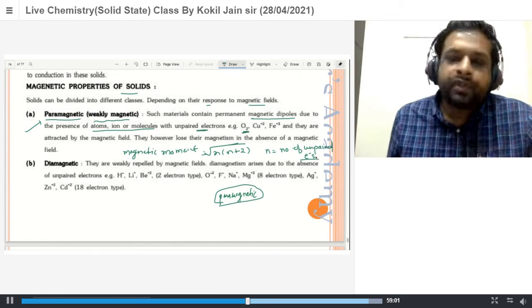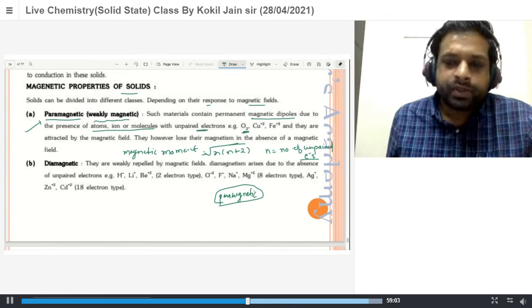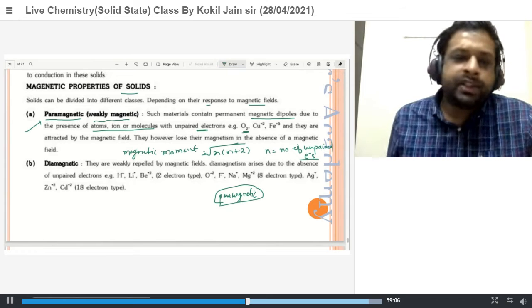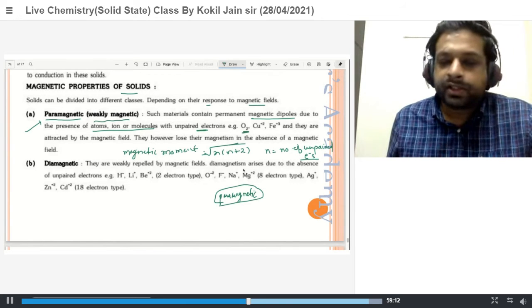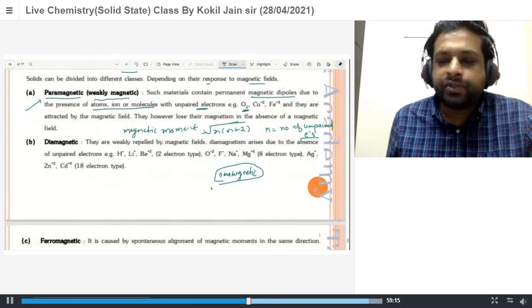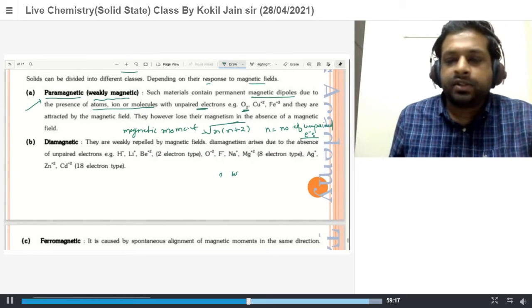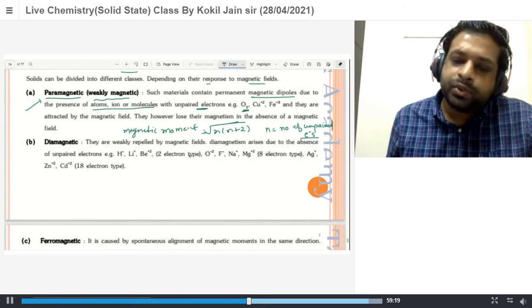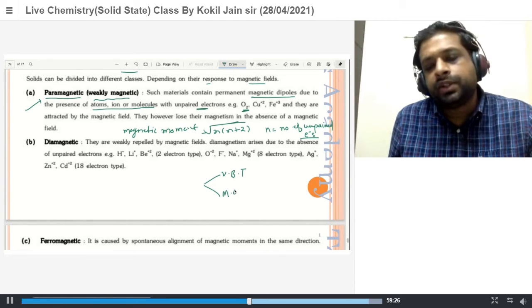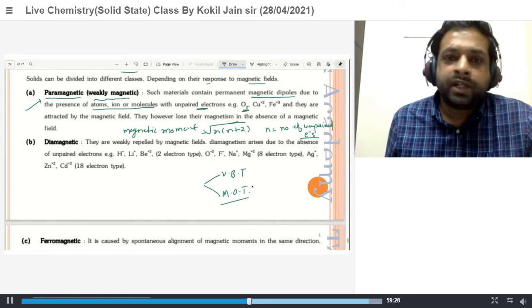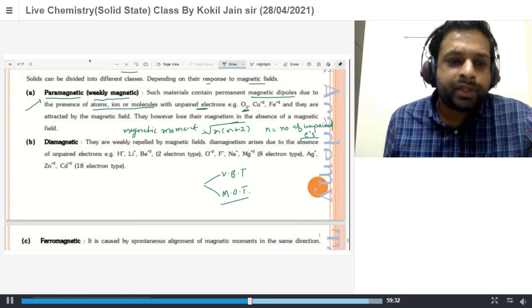Okay, if the number of unpaired electrons is found, now we studied two types of theory earlier. I'm just helping you revise those things here. We studied two types of theory: valence bond theory and molecular orbital theory. Right, Ariman? Yes. We studied these two types of theory here.